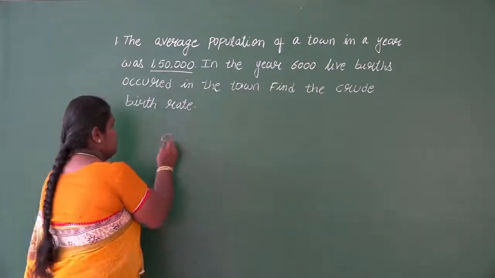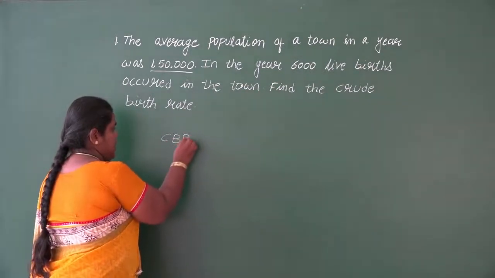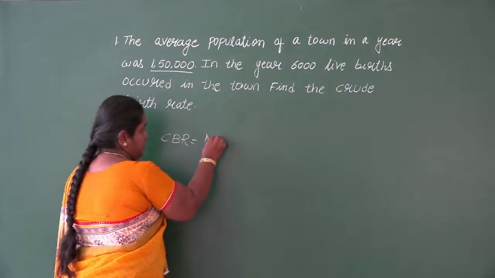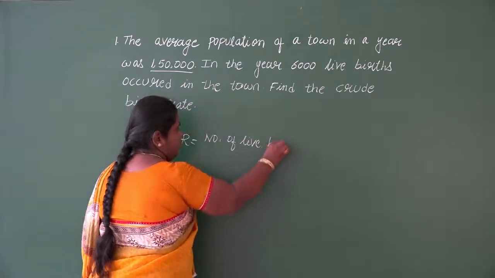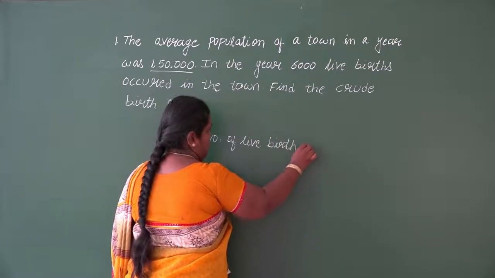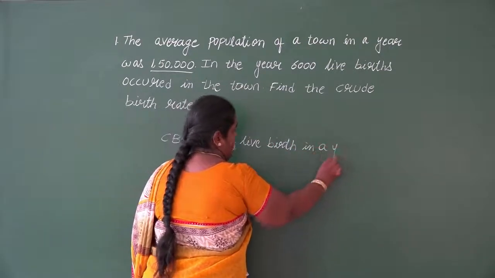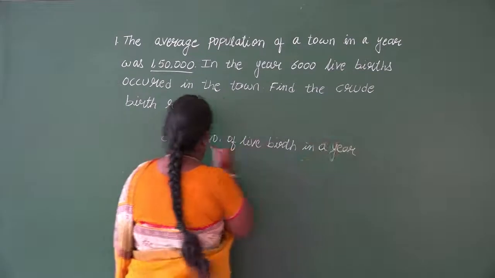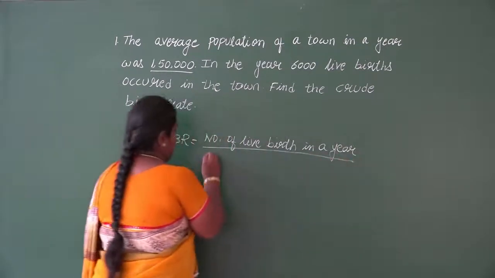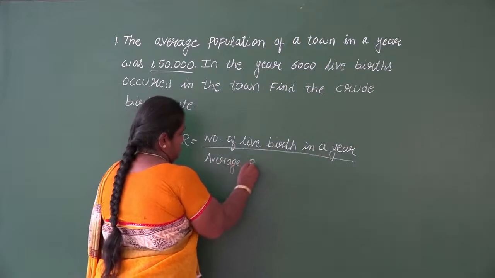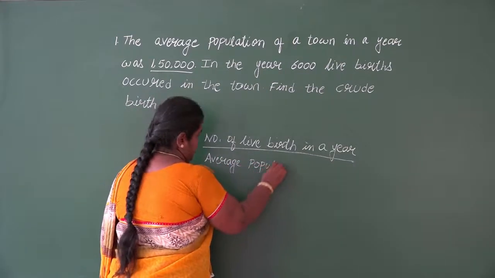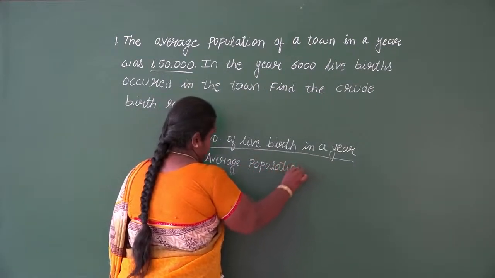So the crude birth rate formula is CBR equals number of live births in a year divided by average population in a year into 1000.